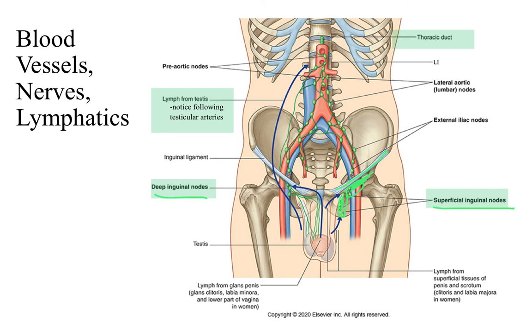Then again, we see the lymph from the testes traveling up along with the testicular arteries. We talked about that in a previous slide. And they are all going to end up going into the thoracic duct and then dumping back into the venous system to re-enter circulation.